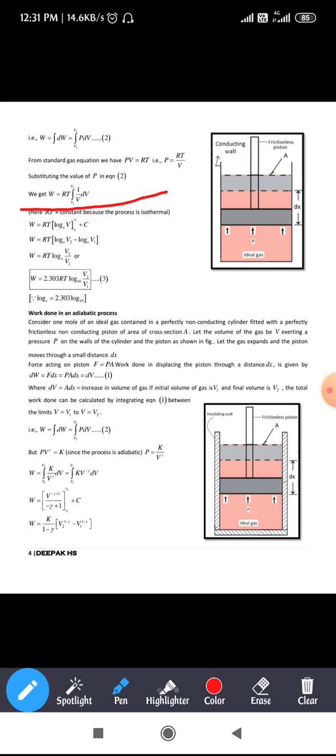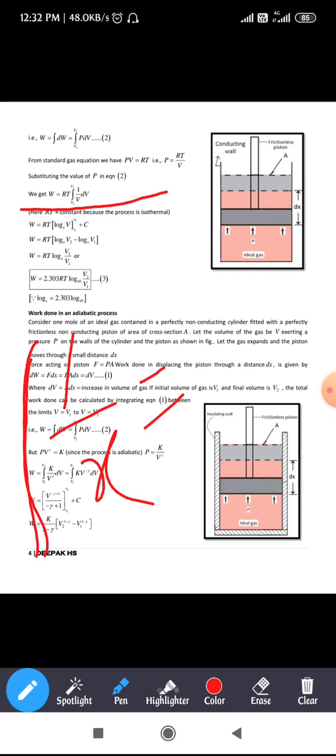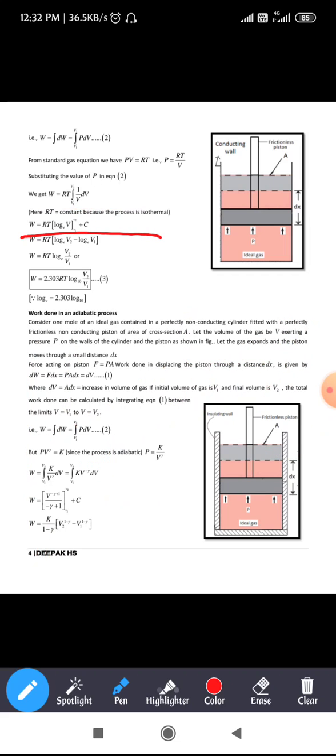Now, the integration of 1 by x is nothing but log x. Similarly, you have 1 by V there, so it should be log V, log base e V. So W is equal to RT log base e V, with the limits retained the same, V1 to V2, plus C, which is a constant.